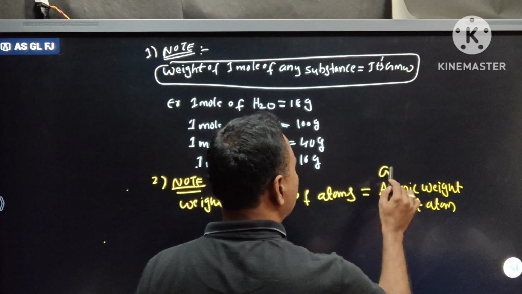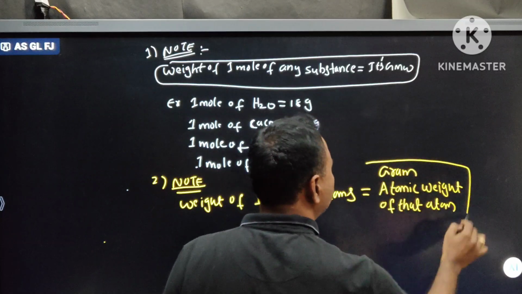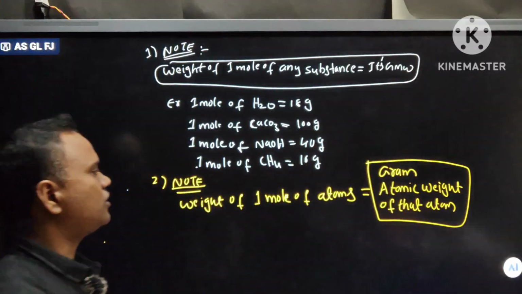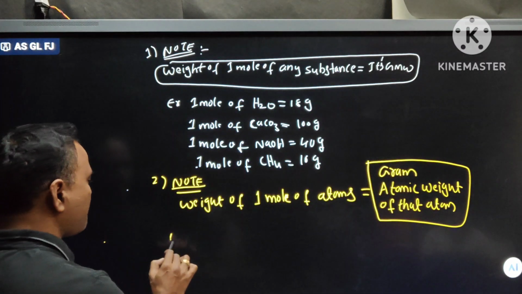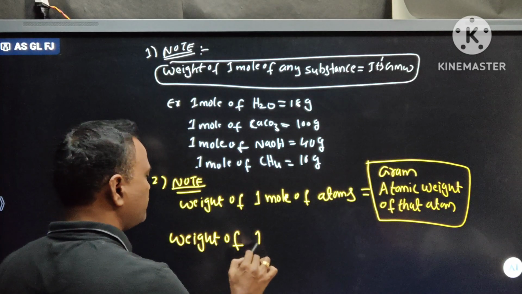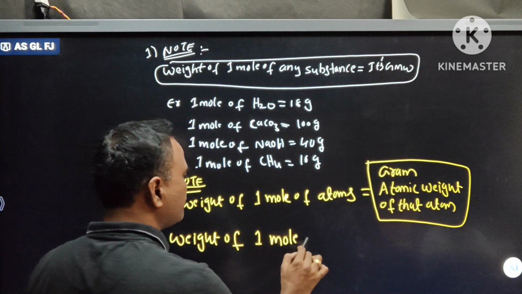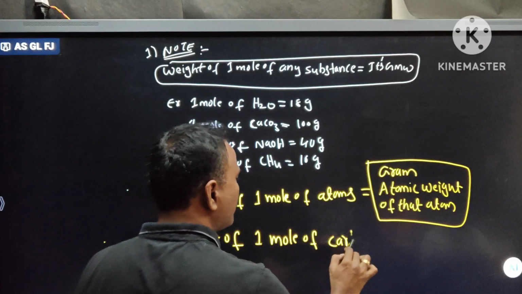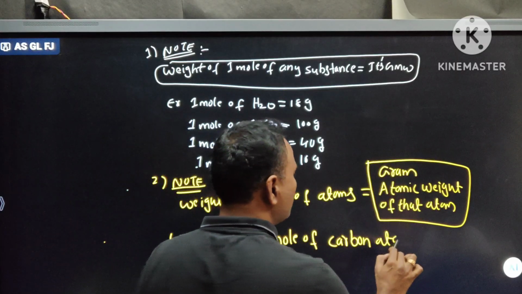Gram atomic weight. Weight of 1 mole of atoms. For example, weight of 1 mole of carbon atoms. What is carbon gram atomic weight? 12 grams.